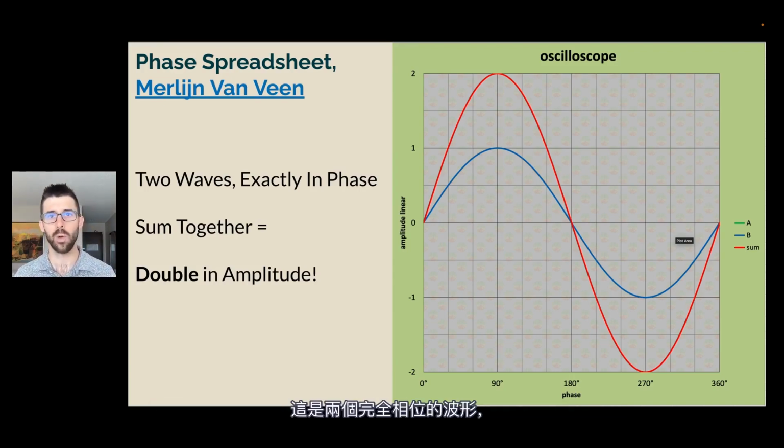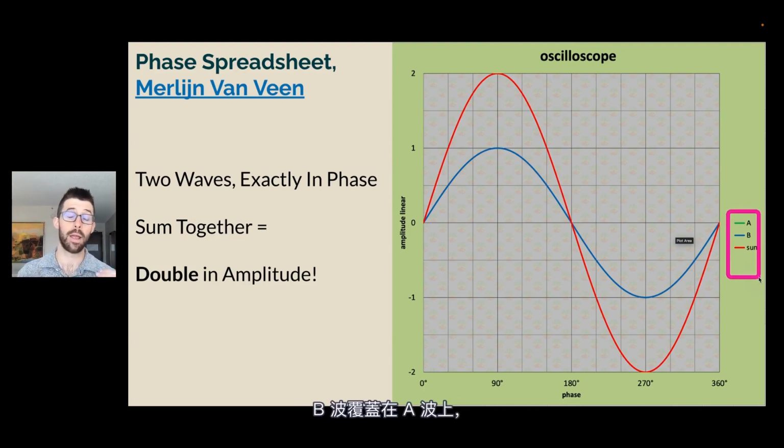So this is two waves exactly in phase. When they sum together, they double in amplitude. The legend is right here: our green line is covered up by the blue line right now, so it's the A wave and the B wave.